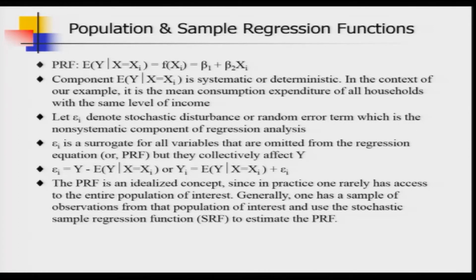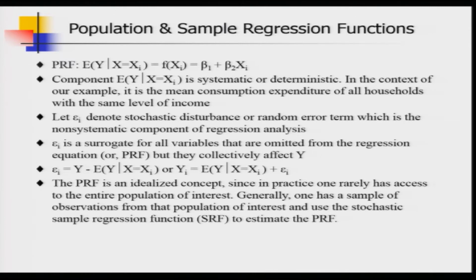Okay, so here in this slide we are going to talk about the population regression function and the sample regression function. The first bullet point is basically repeating the population regression function concept from the previous slide, which we have already discussed. Now, you see that this component that I have written in the first bullet point, the population regression function, is a systematic or deterministic component.